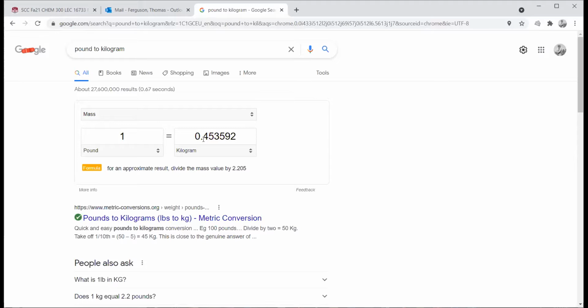So let's just say a pound is 0.45 kilograms.